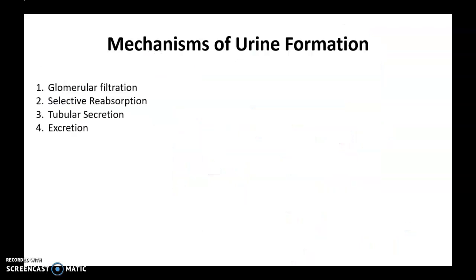So looking into the mechanisms of urine formation, there are four main mechanisms that we will discuss. The first one is called glomerular filtration. I want you to understand, this is the first step, and this occurs only at the glomerulus. That's it, only at the glomerulus. This is a filtration process by which there is bulk filtration.